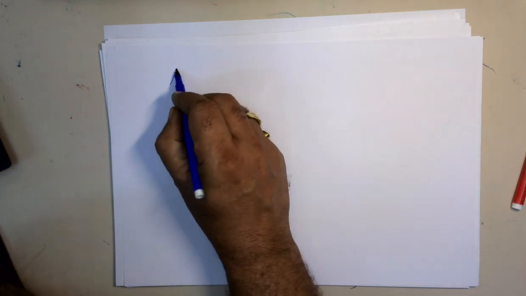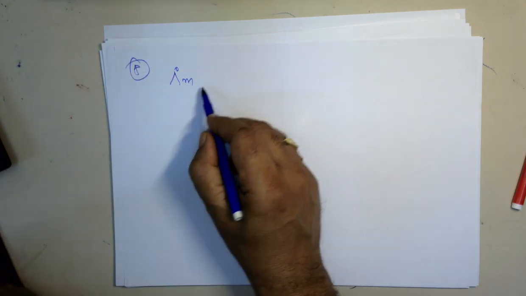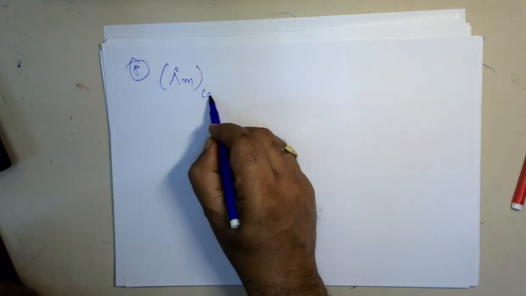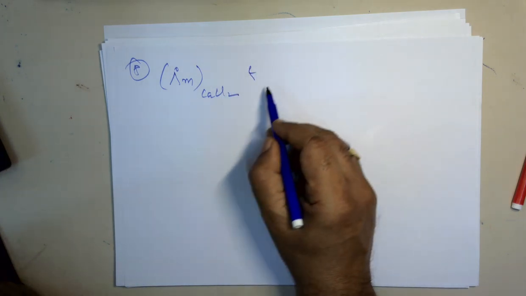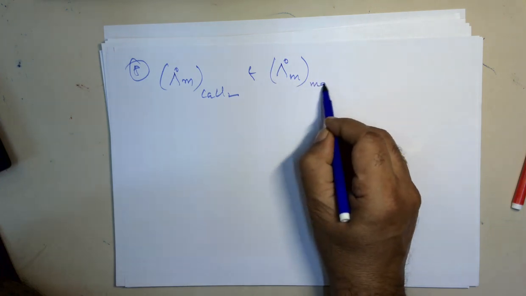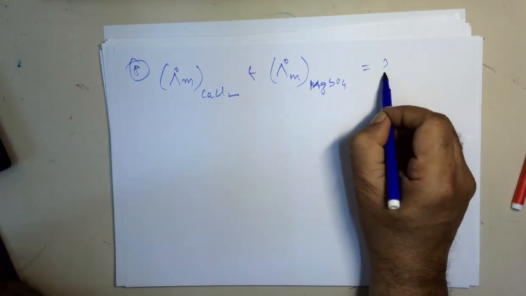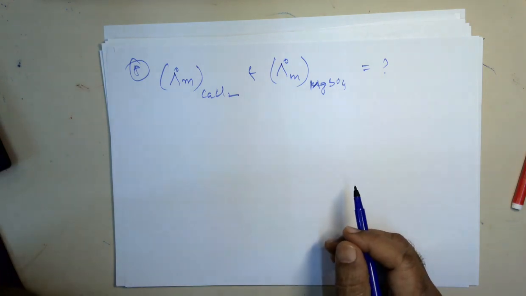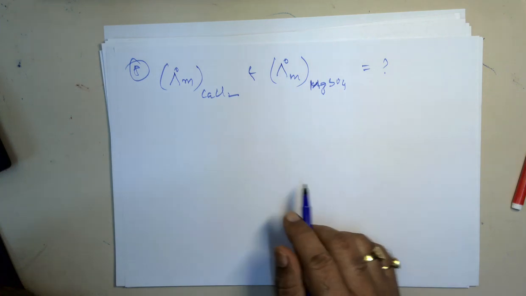Calculate lambda naught m for calcium chloride and magnesium sulfate. The data are given in the table.